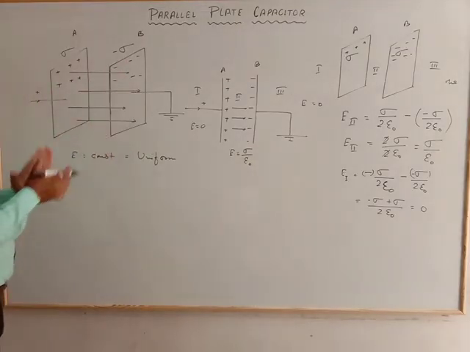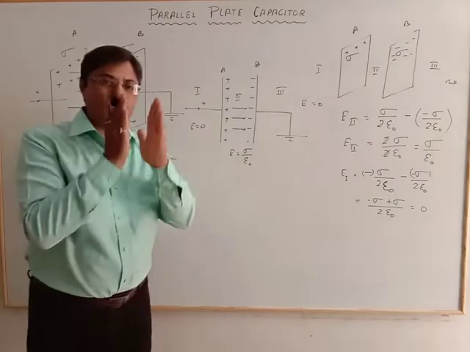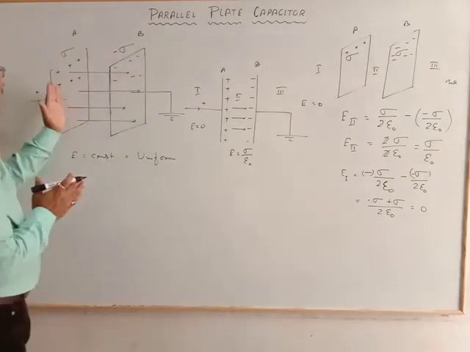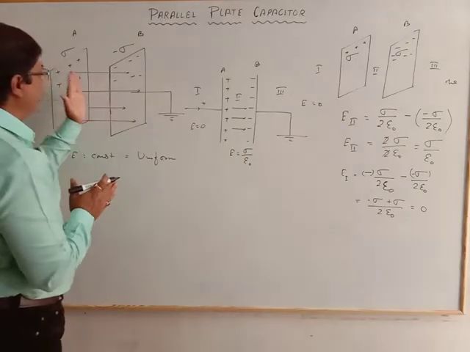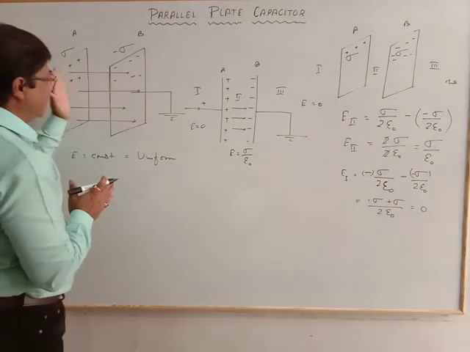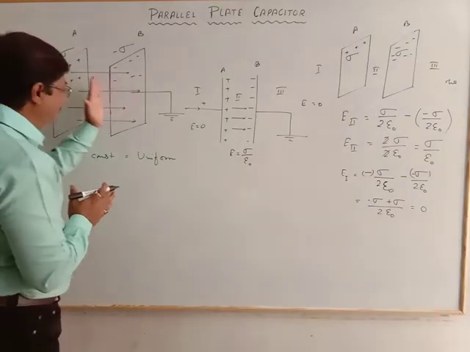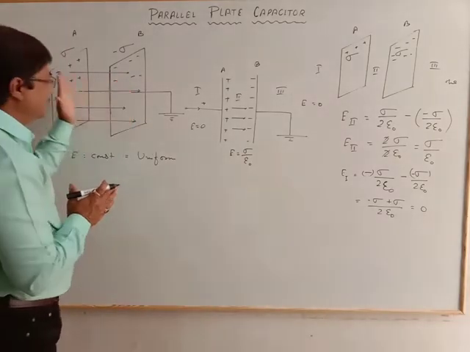What we observe in the particular case when the two plates are very close to each other is that the electric lines of force go from positive to negative in a linear, uniform straight line.